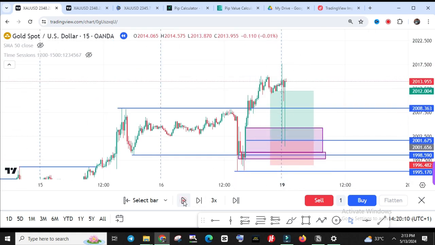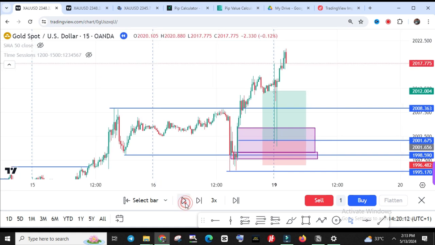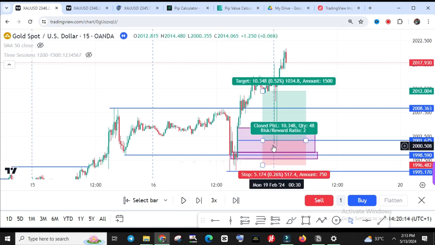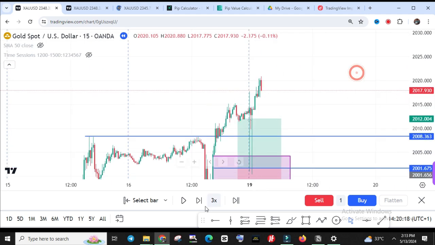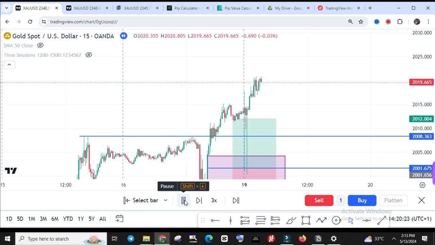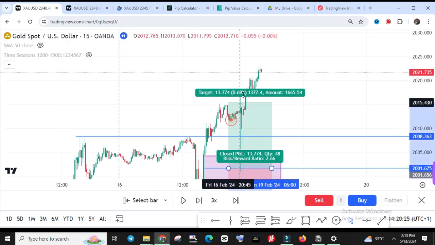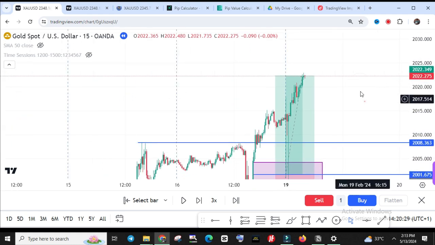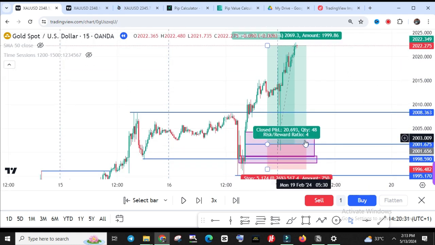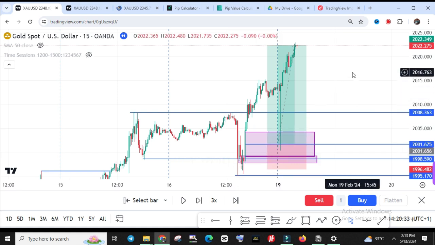So you can see a clear example of a trade which was taken from a fair value gap instead of an order block. If you look here, let's say if you used 1:4 or so, this is 1:4 on this trade. I told you guys, depending on your risk appetite, for me the minimum you can use is 1:2.